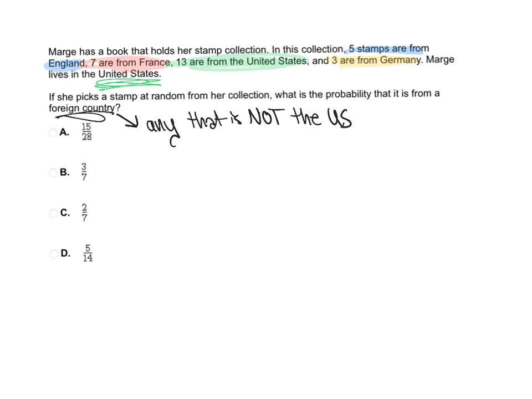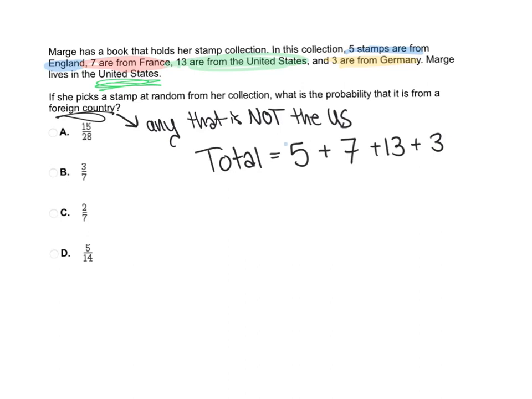First things first, I want to figure out how many total options I have. So let's find that total. I've got the 5 from England, the 7 from France, the 13 from the United States, and the 3 from Germany. I'm going to color code those really quick.